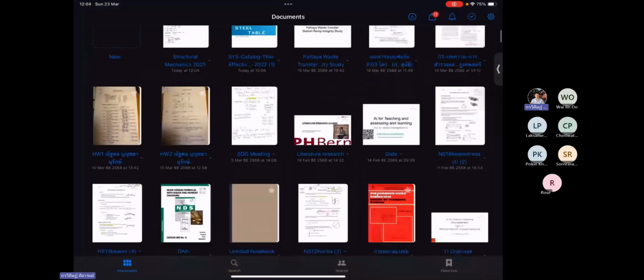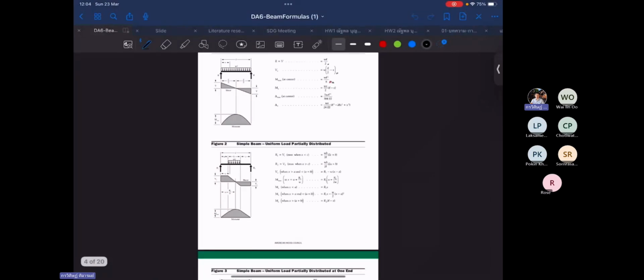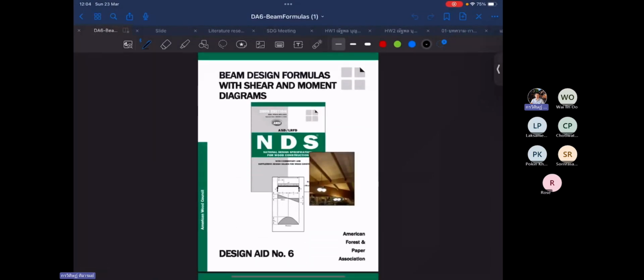But once you are working or would like to check the design, I gave you this guide. In many structural analysis textbooks, this kind of information is presented in an appendix, but this one is standalone. I already shared it with you.